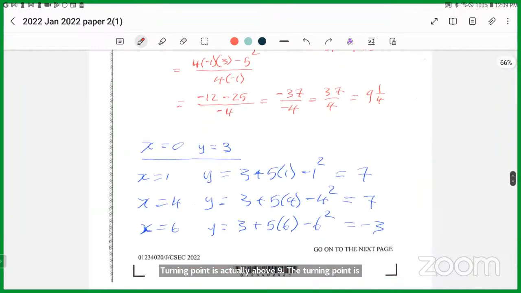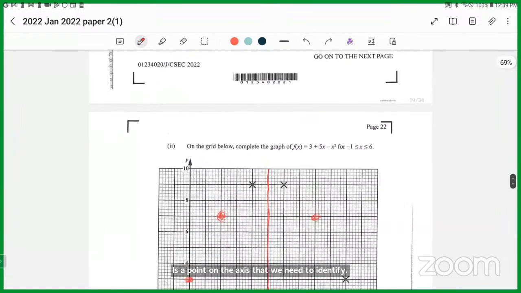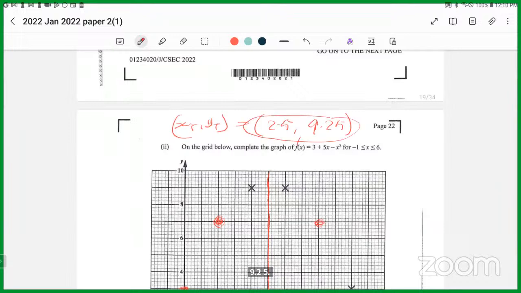So there's a point on the graph on this axis that we need to identify. It is the point that we worked out, the (xt, yt) point, which works out to be (2.5, 9.25). So we have to put this point on the graph, even though the question did not put it for us in the table. So this is how CXC tests your knowledge.